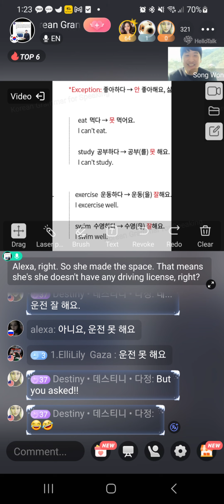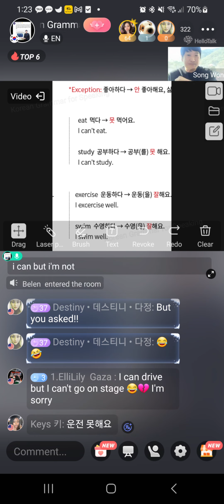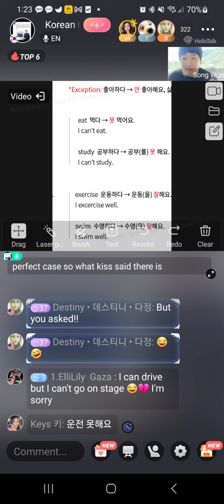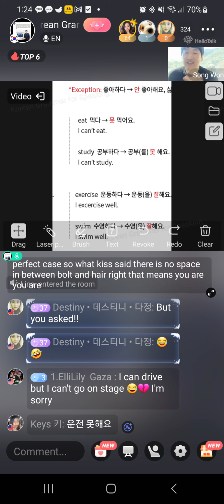Yeah, but we have to practice here. How about I can, but I'm not really a good driver? Perfect Kiss. So what Kiss said, there is no space in between 못 and 해, right? That means you have a license, but you're not good at driving.